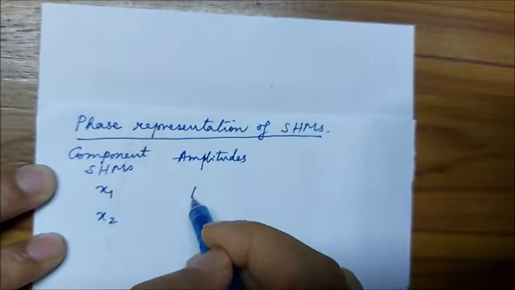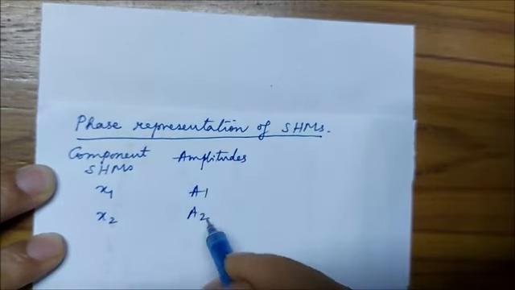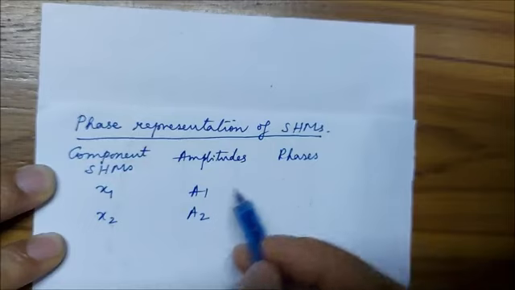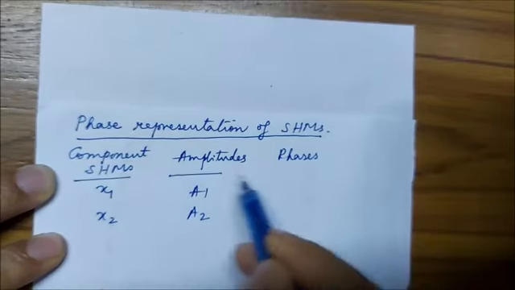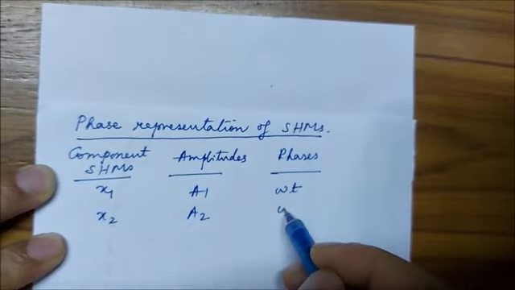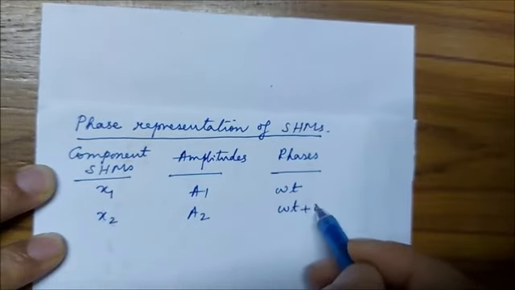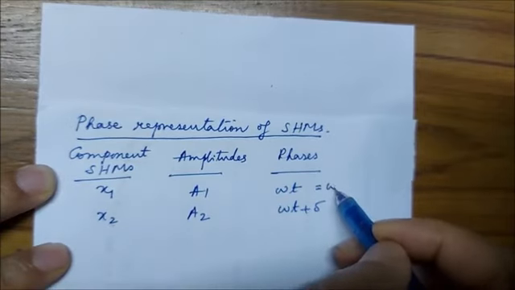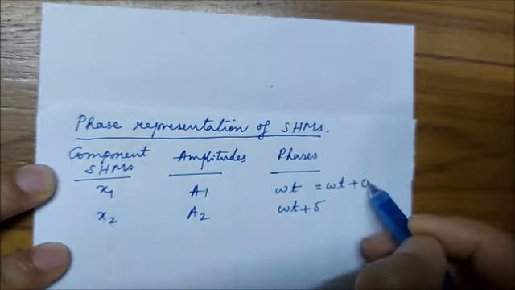The amplitudes were A1 and A2, and the phases were omega t and omega t plus delta, and omega t is actually omega t plus 0.